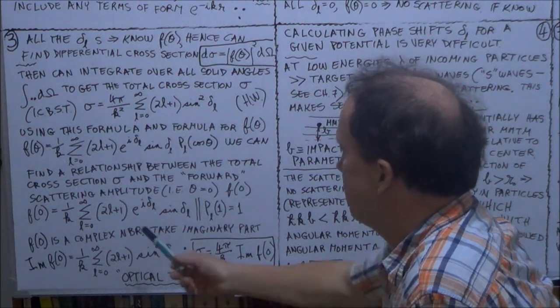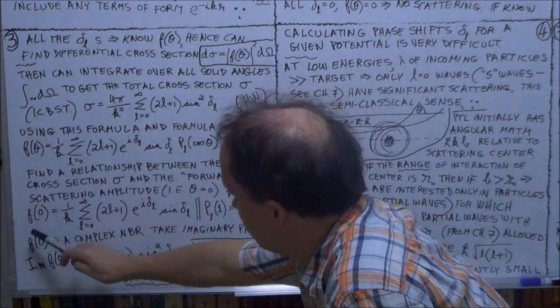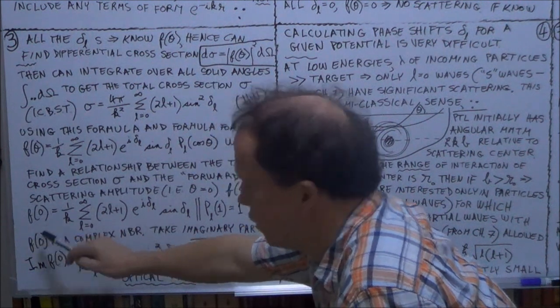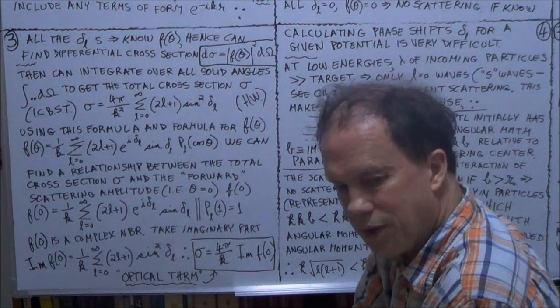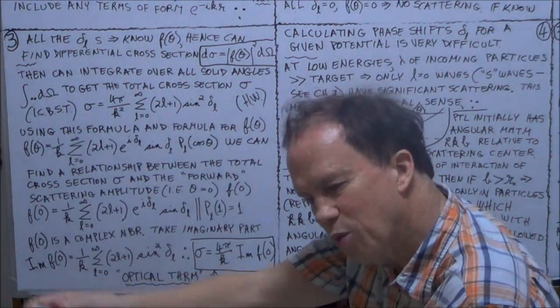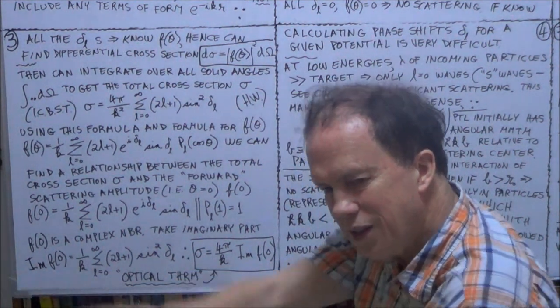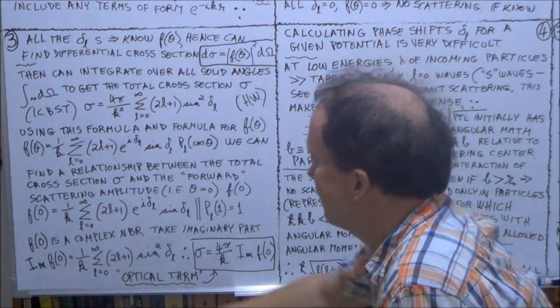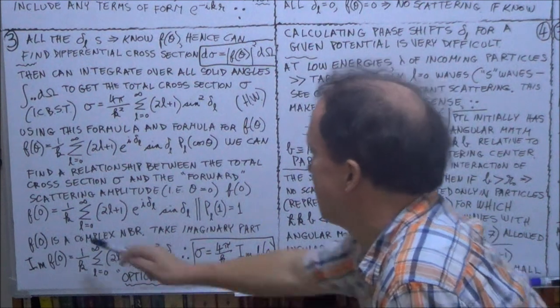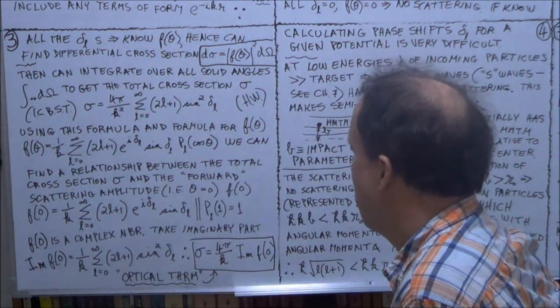Now this f of naught, what does that mean? Well, it's the amplitude when the scattering angle is 0. This is the incoming wave that just went straight through, did not deflect. So f of 0 is just this.